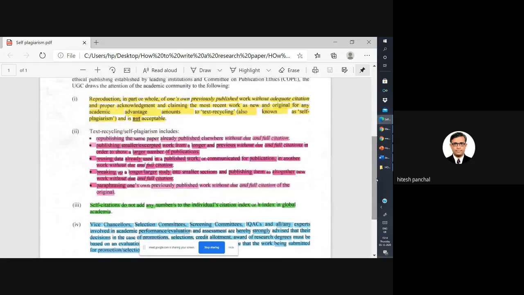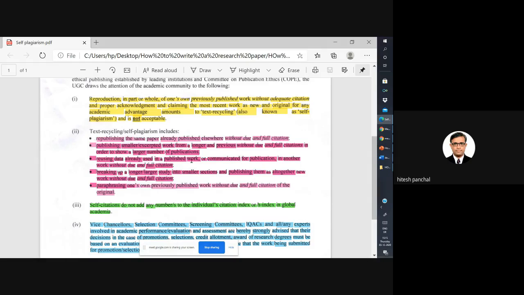What is the word called, text recycling or self-plagiarism? That is called republishing the same paper already published elsewhere without due and full citation. What people are doing is, one paper has been published elsewhere, then the same paper is also sent for publication in another journal. That is also unethical.